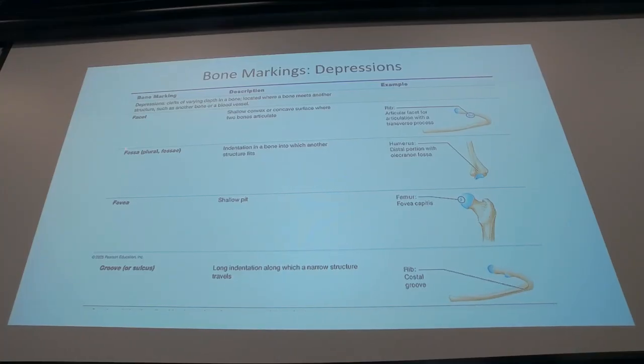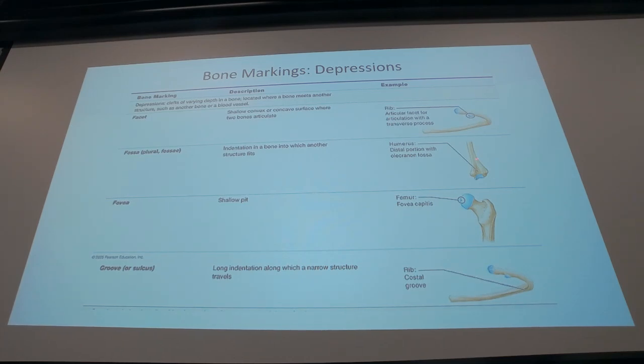Now, fossa, this is singular, fossae is plural. Fossae are indentations in a bone into which another structure fits. So, for instance, here is the distal end of our arm bone, which is the humerus.